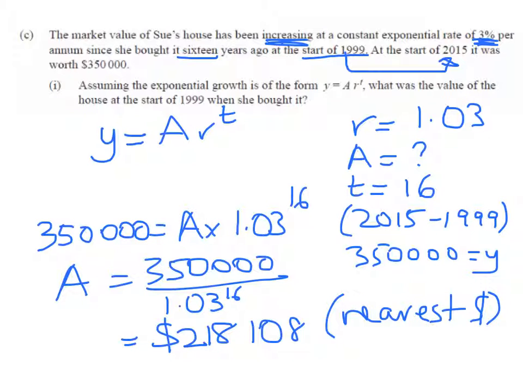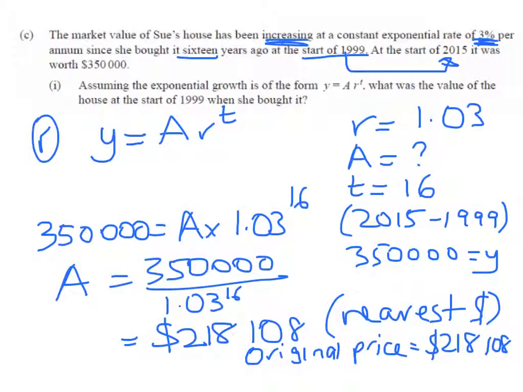Right, so we need to make sure we've said what the value of the house was. So we just need to write something like original price is $218,108. Alright, now I'm pretty sure that was an achieved question. No, actually that was a merit question, right? That's probably going to be the easiest merit question in the whole paper.